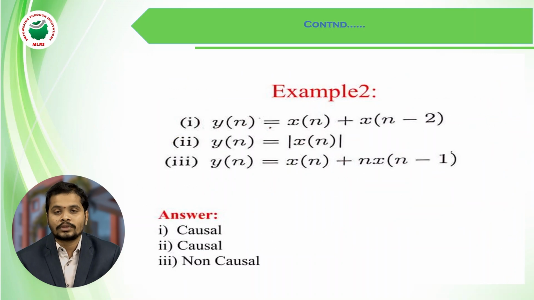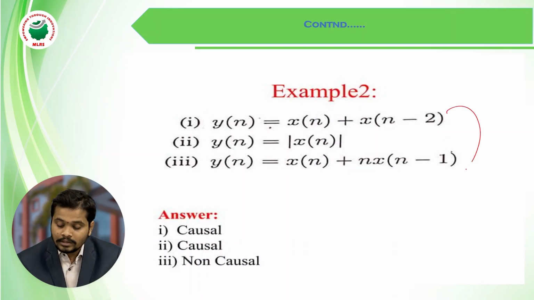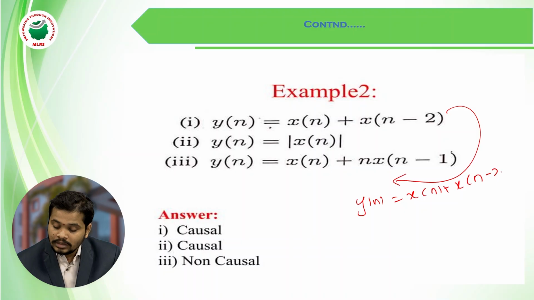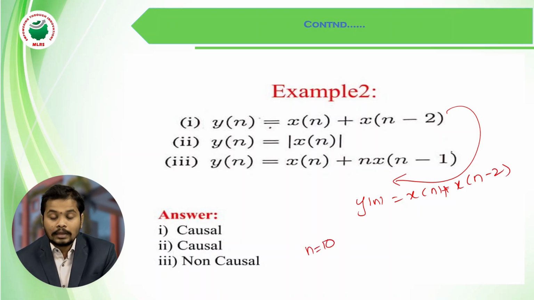Coming to the examples, as with the static and dynamic systems. The first given equation is y of n equals x of n plus x of n minus 2. I am taking n equals 10, which is the present input.